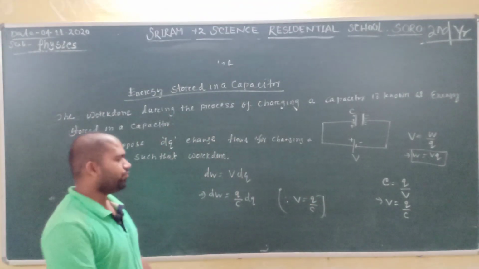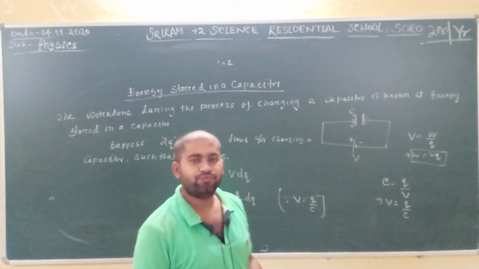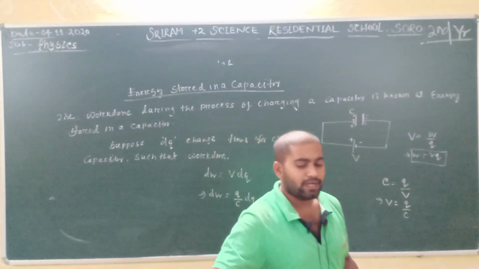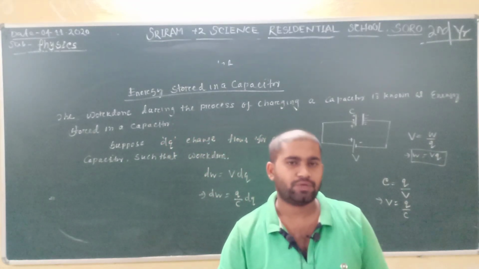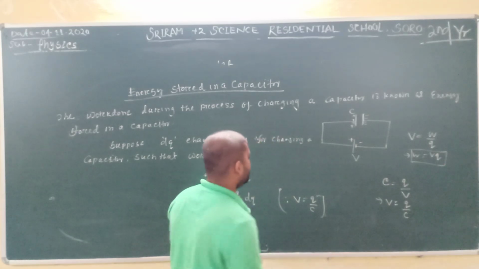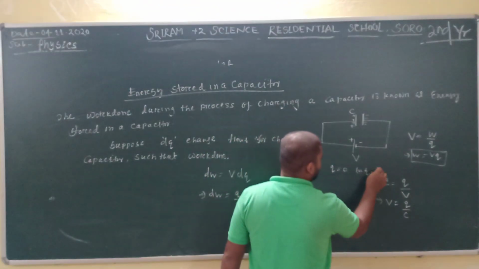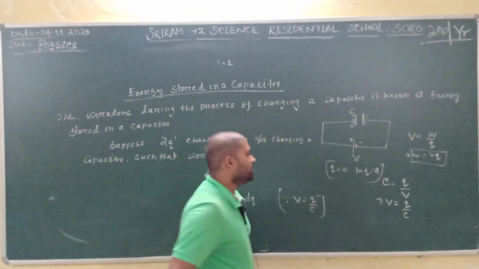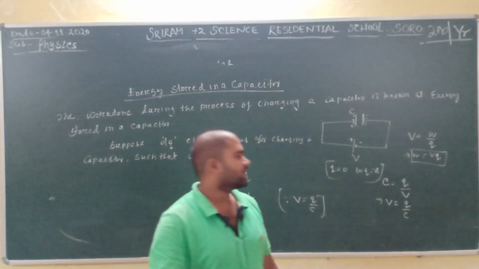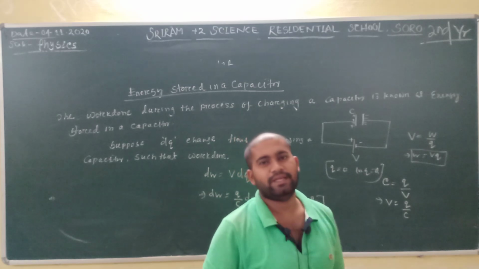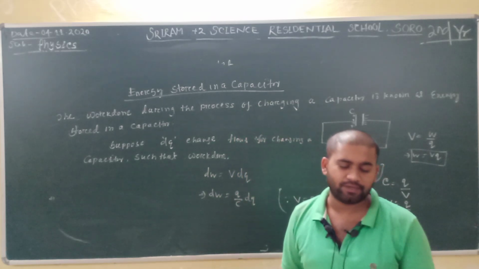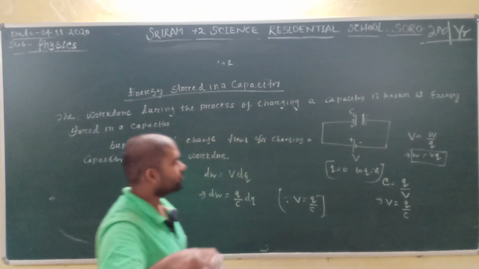If we flow a charge from Q equals 0 to Q equals capital Q, what will be the resultant work done?